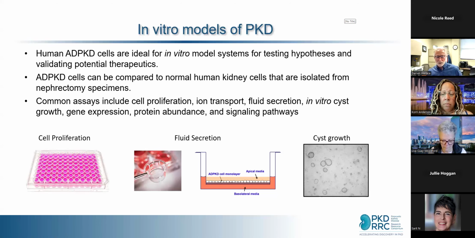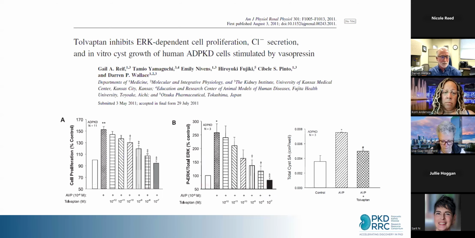And a lot of drug companies like to use those type of assays to test therapies. But other type of experiments that can be done is looking for changes in gene expression or protein abundance, or looking at pathways that might be involved in the signaling process for cyst growth.